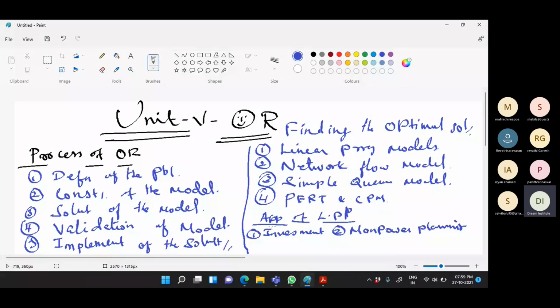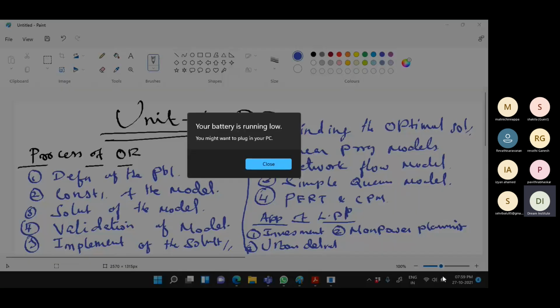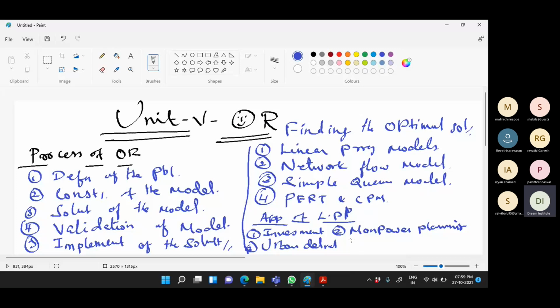Third one, urban development planning. Oil refining and blending.